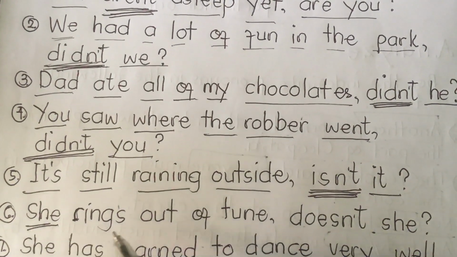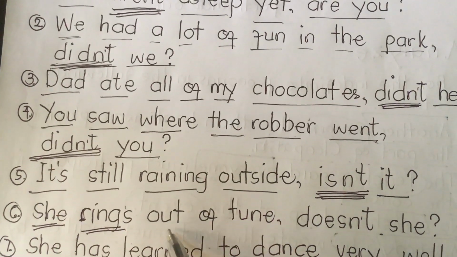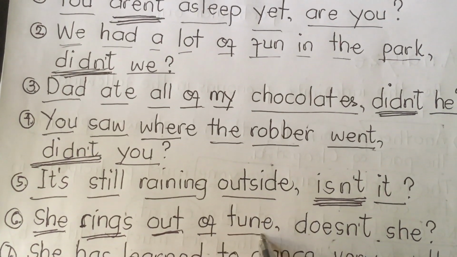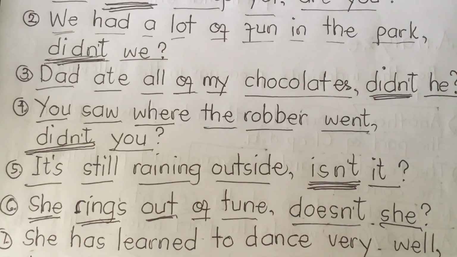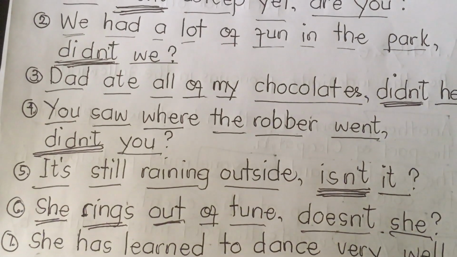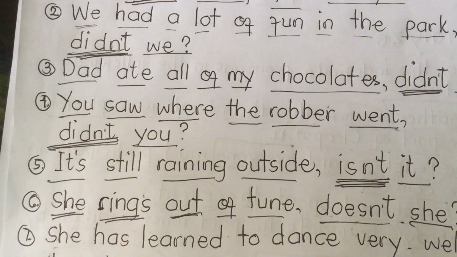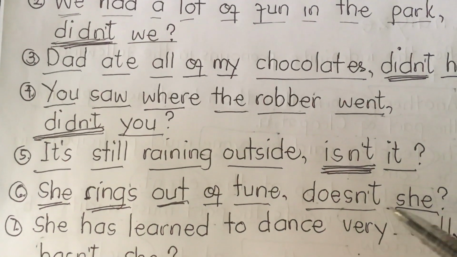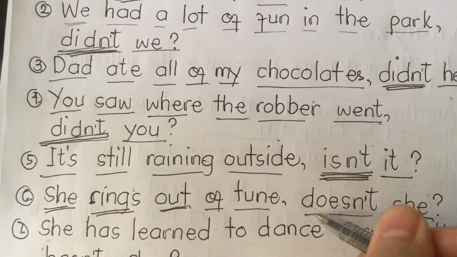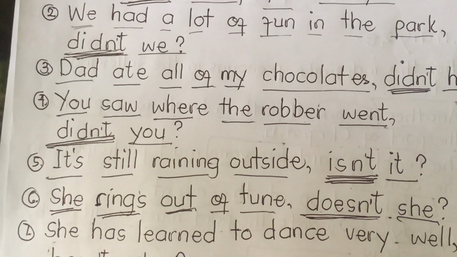Number 6: she sings out of tune, doesn't she? So we're going to think, where is the tag question in that sentence? Obviously, class, it is the word doesn't, that is does not.